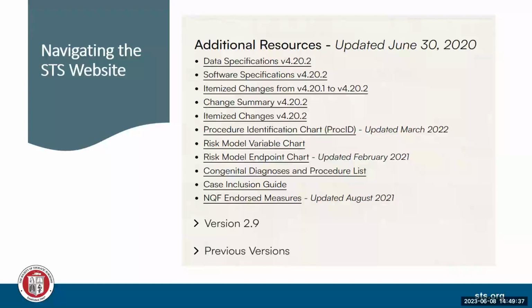We're going to talk a little bit about most of these as we go through the slide presentation here, so that you'll understand what they are and what they're used for.